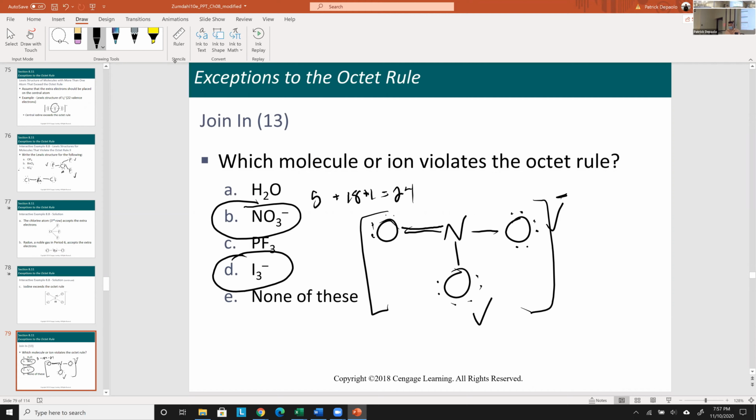That's why it's important to calculate how many electrons you need to have, how many dots you need to end up with, 24 in this case. So if I were to just draw single bonds and then put all the dots, you'd see that you'd run out of dots. So some of those dots have to be converted to bonds to save electrons. And there's one way to do that that satisfies the octet rule for this case. And that's this one. Make sense? Kind of? Okay.